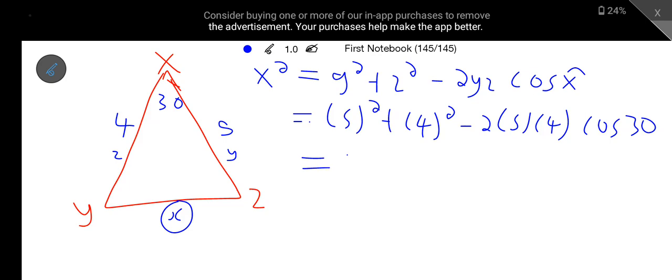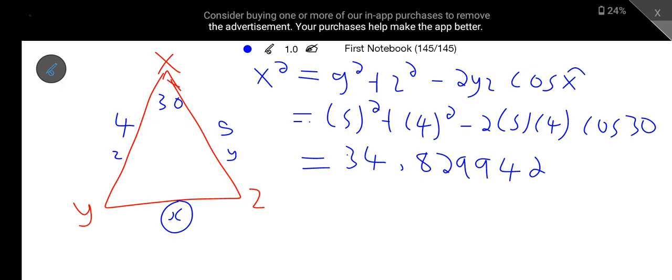Let's get the sum and the difference here. This will be 5 squared plus 4 squared minus 2 times 4 times 5 times cosine of 30, and that gives us 34.82994.